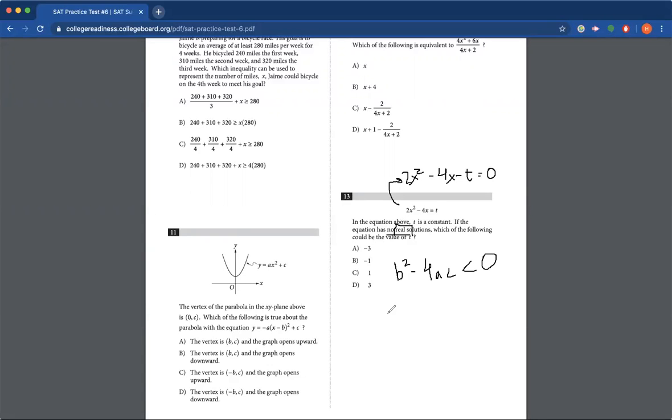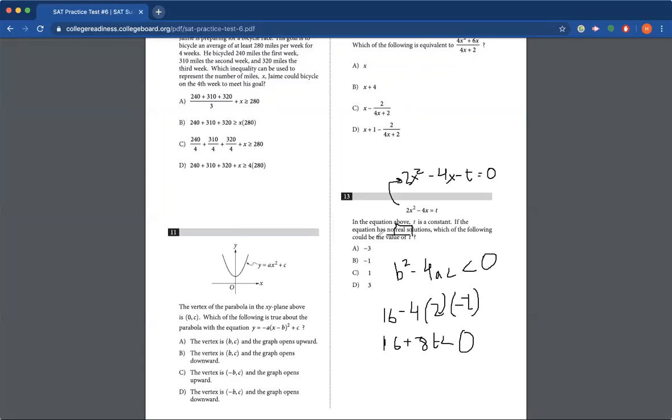So let's plug it in. B is -4. B squared is 16. Minus 4 times A, which is 2, and C is -t. We get 16 plus 8t. Now only one answer over here actually makes this less than 0.